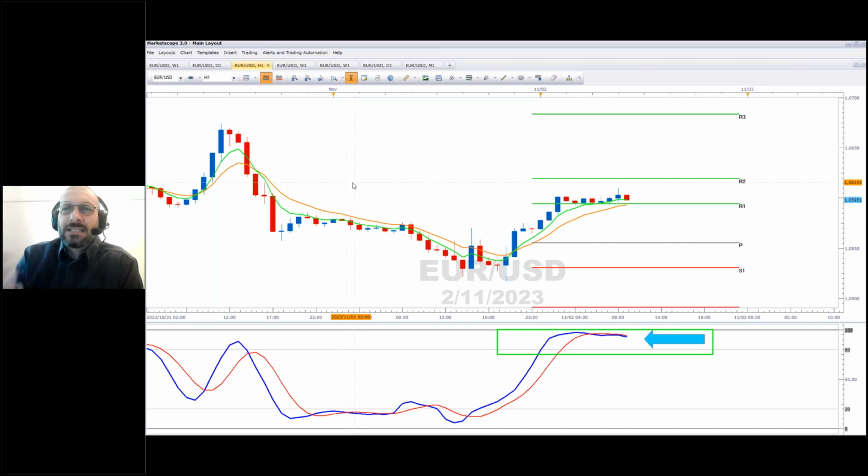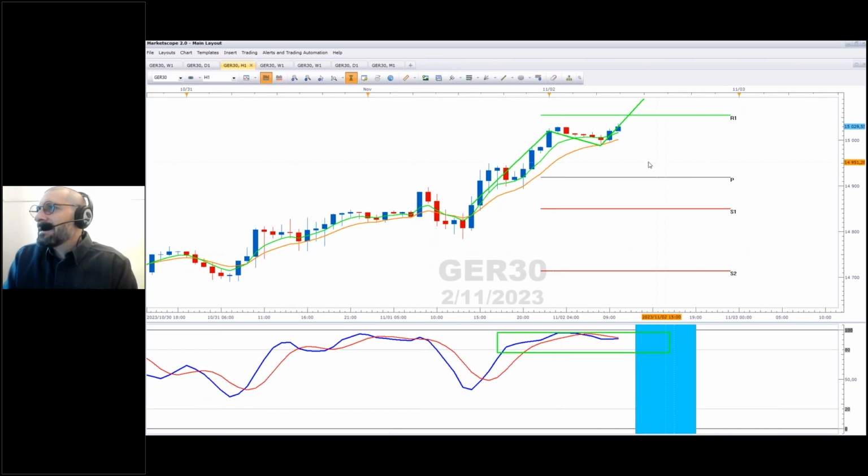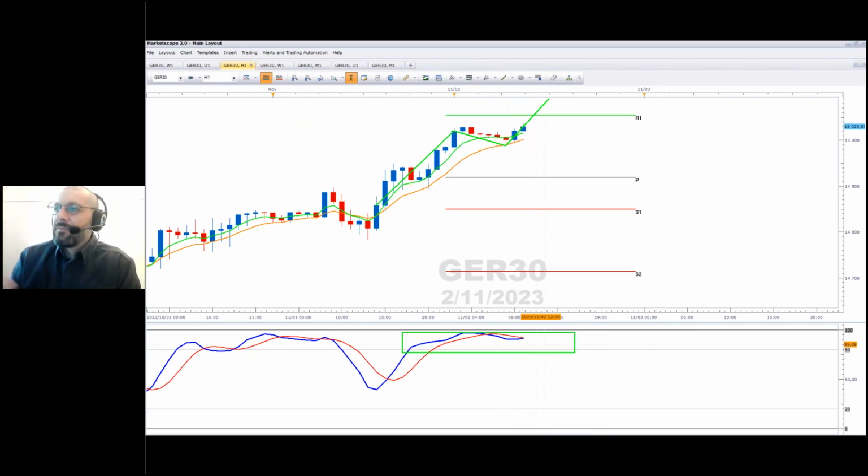Cable, not quite as obvious as sort of the euro, but we do have Bank of England today. And it does seem, we'll just go through to DAX just to see how it's opened. It does seem that the market perhaps tilting towards a risk on move today. And you can see that we have opened up with a blue candle. The longer that the DAX stays in its upper quintile, the better it is going to be from a risk on perspective.